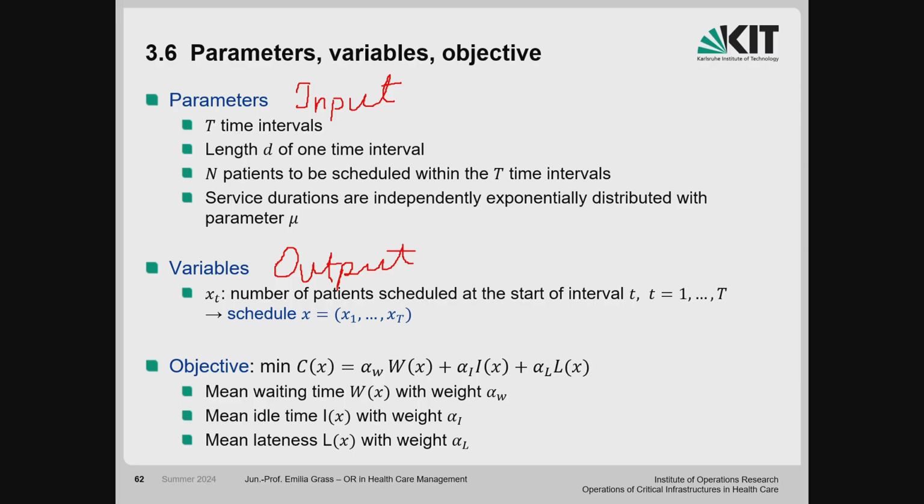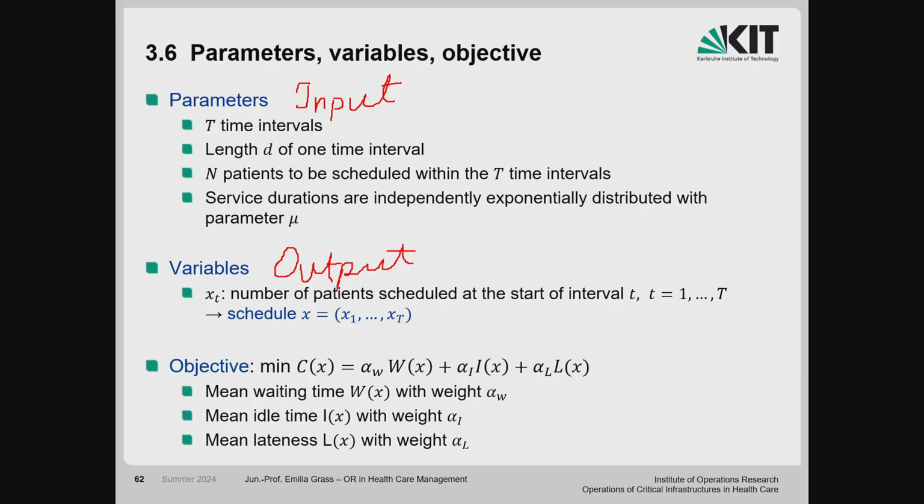So for instance, one physician doesn't care if they have a lot of idle time, but thinks overtime is worse for them, so they would like a higher weight for the overtimes, the lateness, than for idle times.